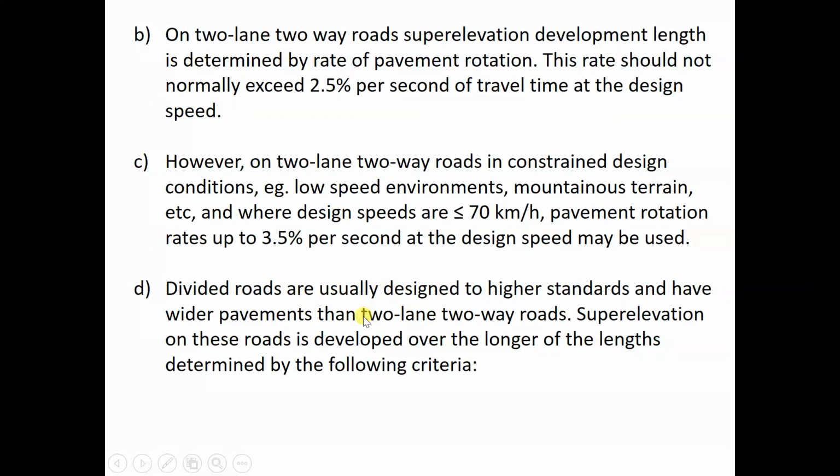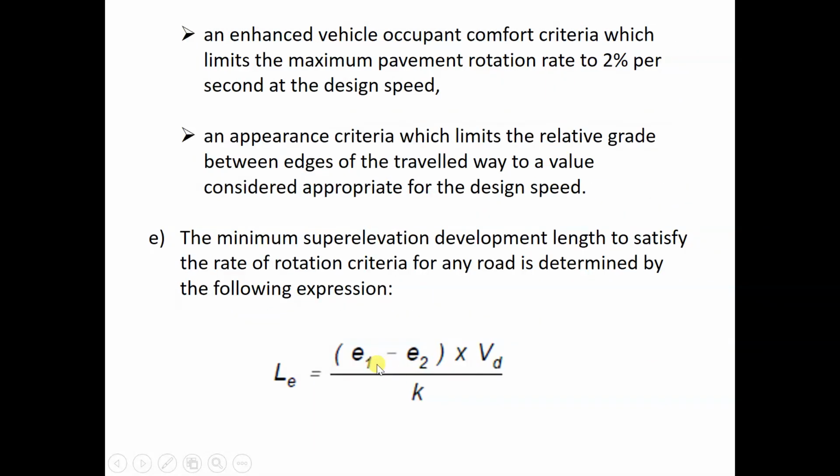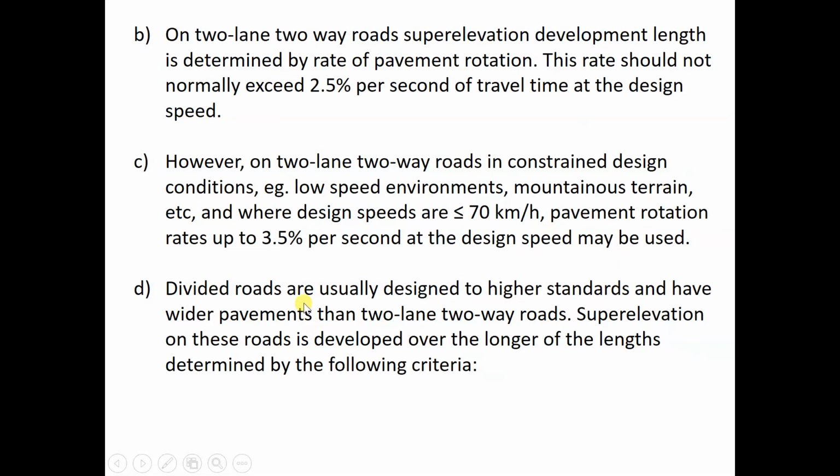Divided roads are usually designed to a higher standard and have wider pavement than two-way roads. Super elevation on this road is developed over the longer of the lengths determined by the following criteria. For divided roads, it could be a single carriageway as well, or the two carriageways are divided.